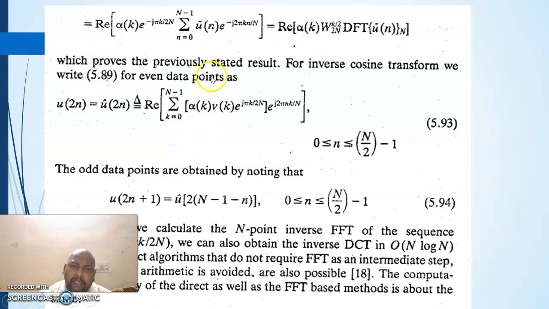When representing f of t, we take the real part of f of t. The computational operations carried out by fast DCT can be calculated with the formula n log n.